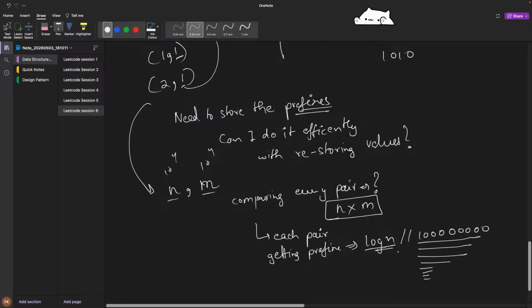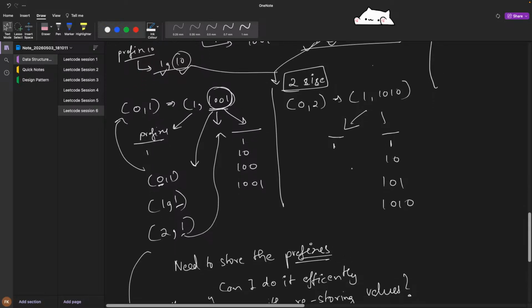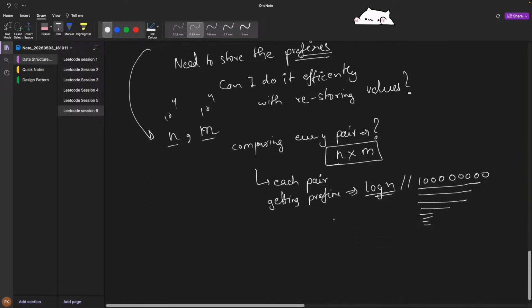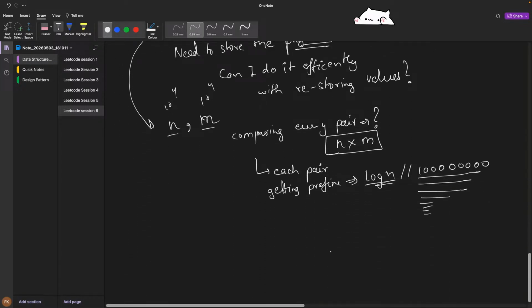If you do the math, it's just the formula of log n basically. And once I have gotten that, I need to check if they have any common values.